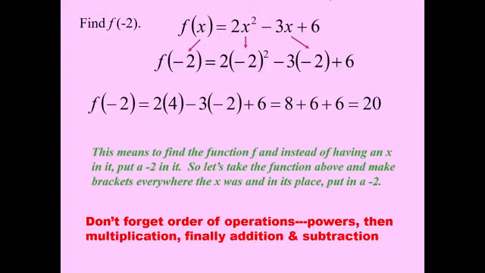Negative 2 squared, that is 4. So I'm going to multiply 2 and 4 to get 8. Multiply negative 3 and negative 2 to make that positive 6. Apply the rules of integers when multiplying, of course. And you rewrite positive 6. So you're adding the 3 numbers there, you're going to get 20. There you go.